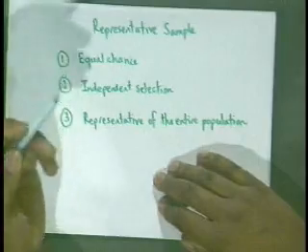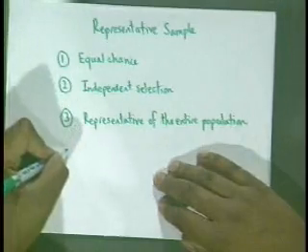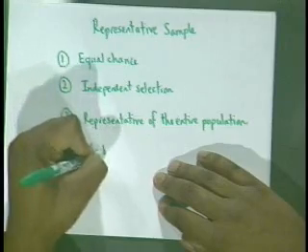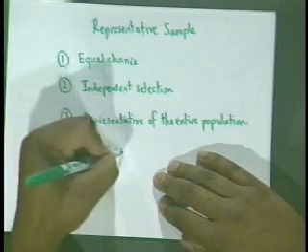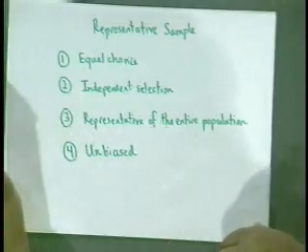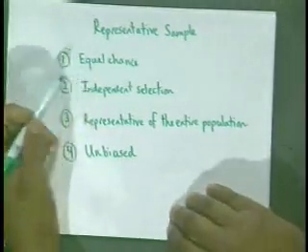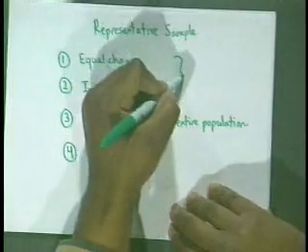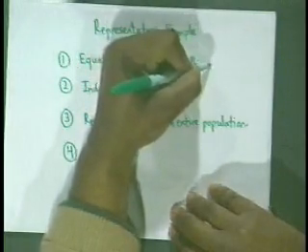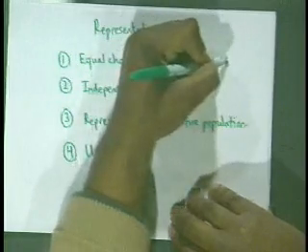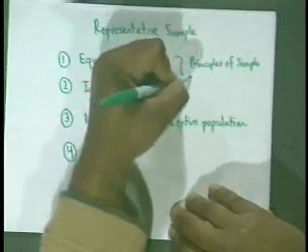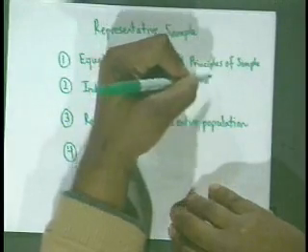So equal chance, independent selection, representative of the entire population. One more thing we want to talk about. Unbiased. So we don't want to exclude any groups when we talk about our representative sample. Now, equal chance and independent selection, those also can be referred to as the principles of simple random sampling.